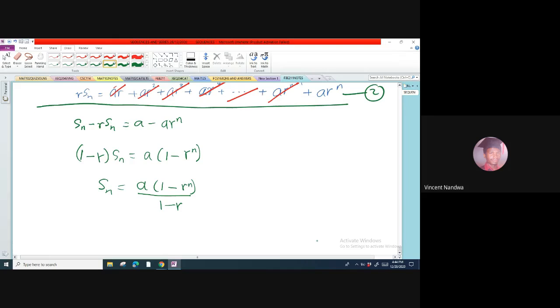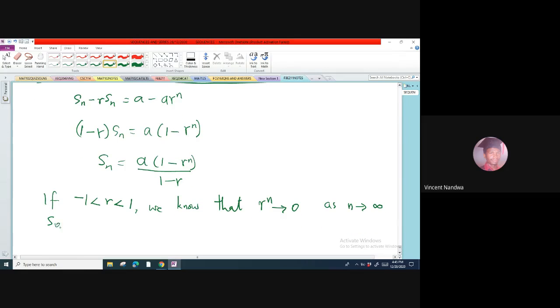So therefore now, if R lies between -1 and 1, we know that R power n approaches 0 as n approaches infinity. This result we have shown before.